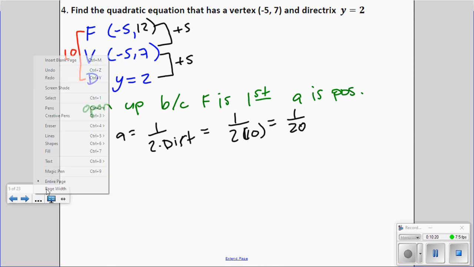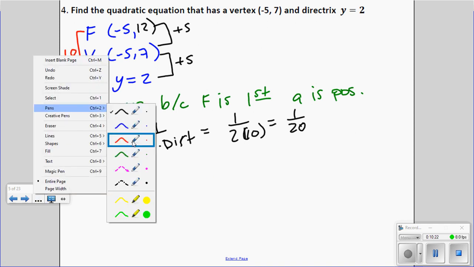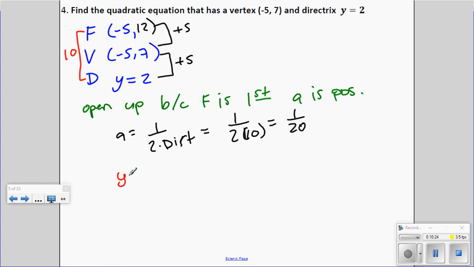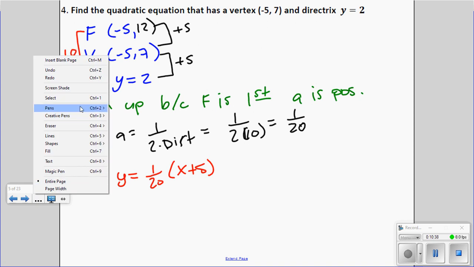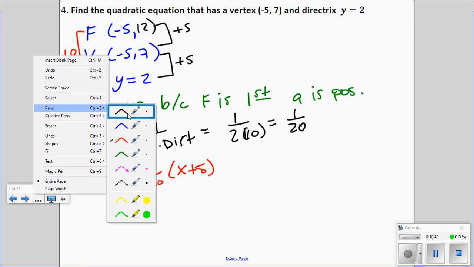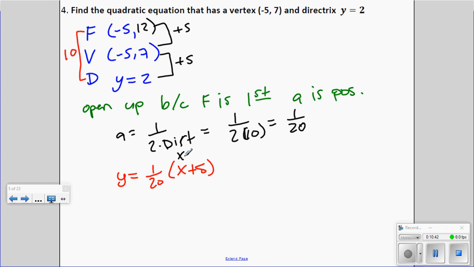So now we can write our equation. So our equation is y is equal to 1 over 20. Again, keep them as fractions, parentheses x plus 5, because when you're writing in vertex form, it's always x minus h plus k.